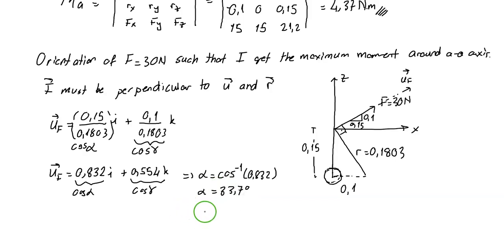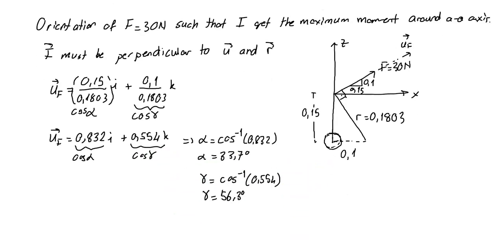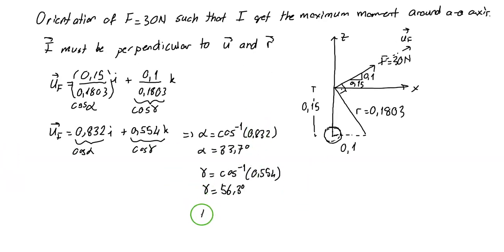Similarly, my gamma will be the inverse cosine of 0.554, and my gamma will be equal to 56.3 degrees, and of course my beta value is 0. That was the initial assumption.